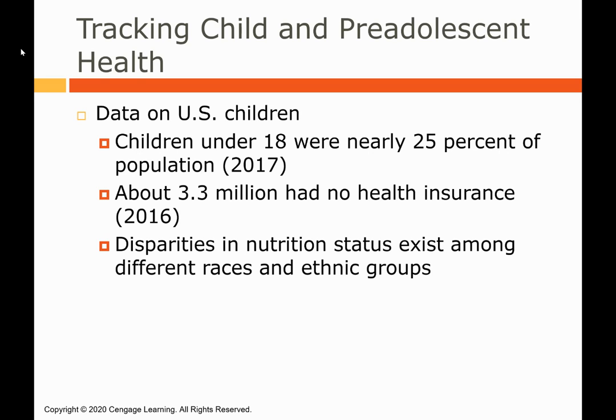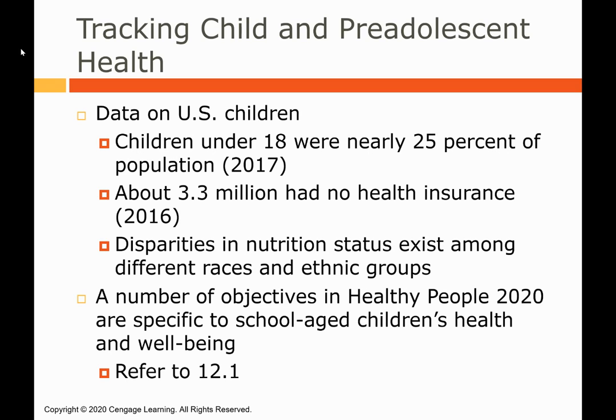Also important to know, lack of health insurance is an issue. About 3.3 million children have no health insurance, which means that they probably have difficulty accessing health care, including primary care, where they receive their wellness visits.